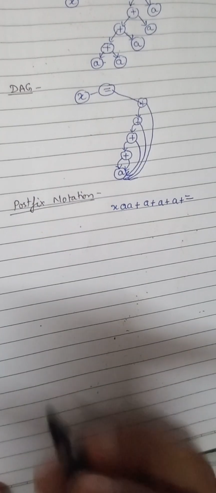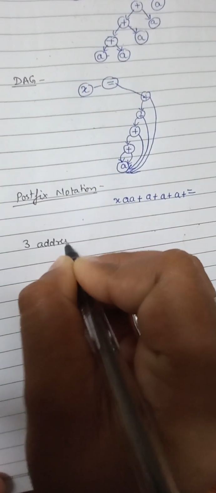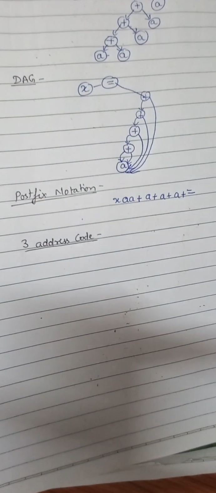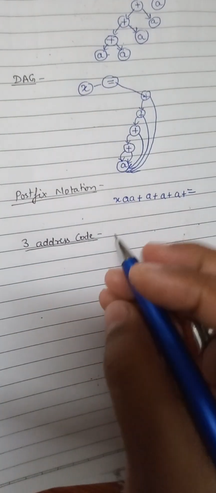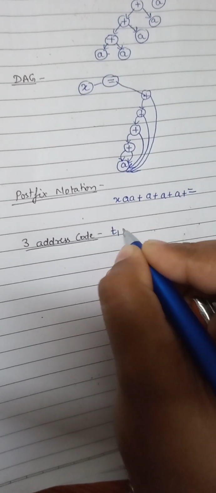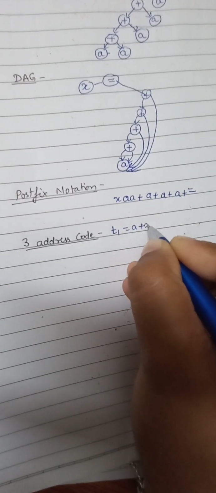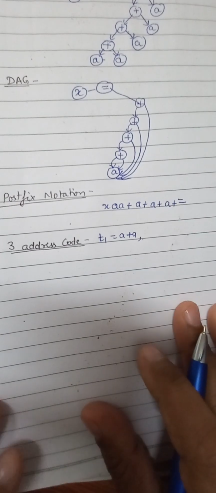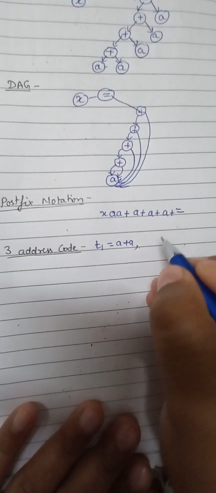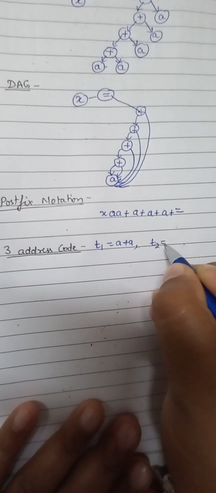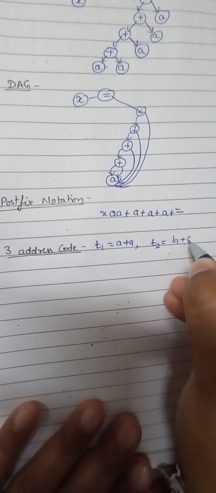Now come to the 3 address code. How can we write 3 address code? For a plus a, we will take one variable, t1 is equal to a plus a. Again, for one more plus a, we will take another variable t2, which we will write t1 plus a.